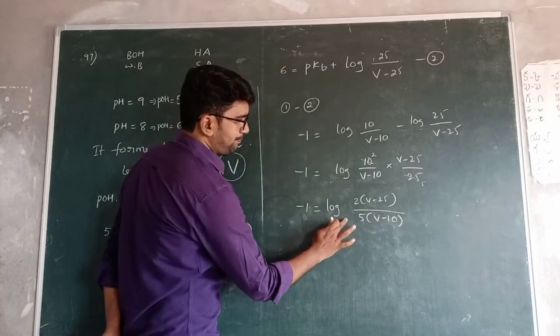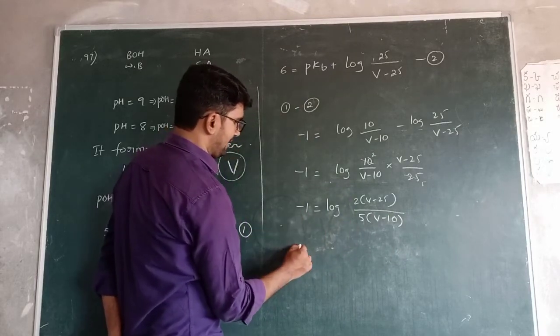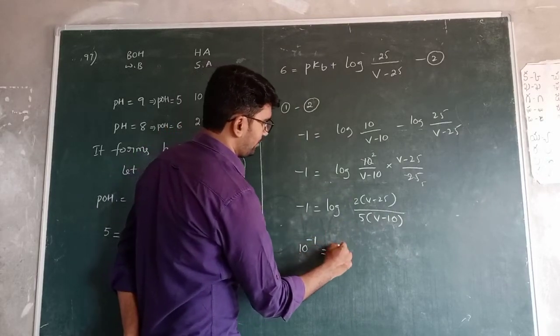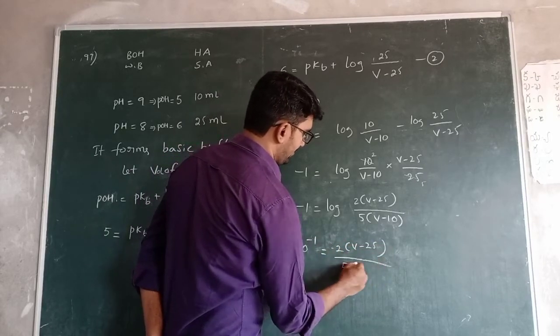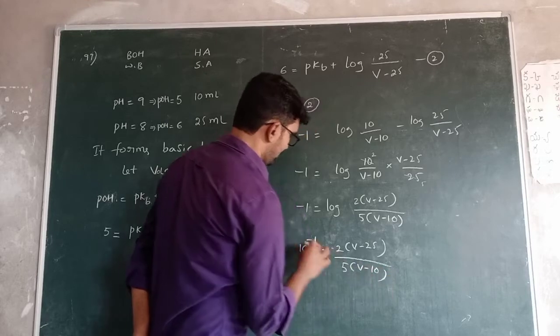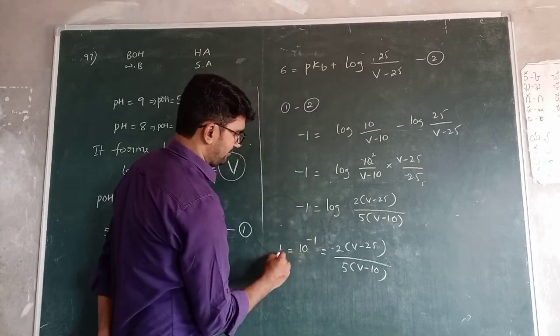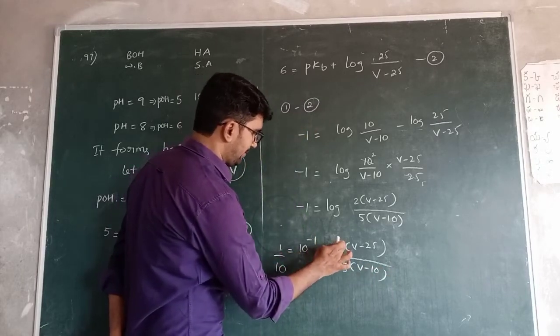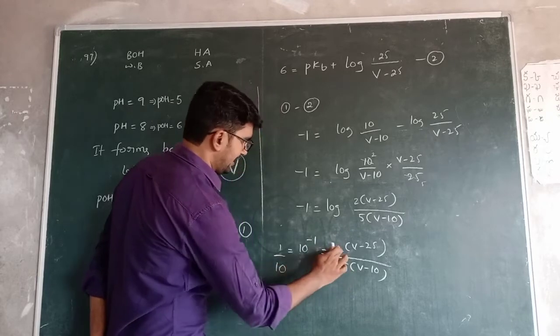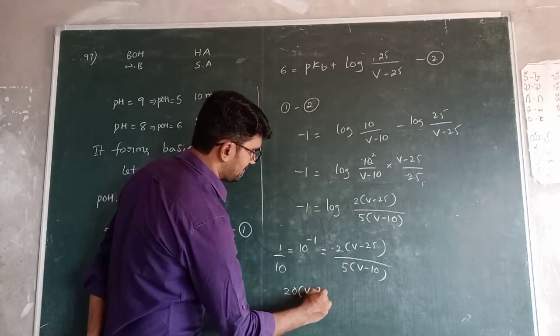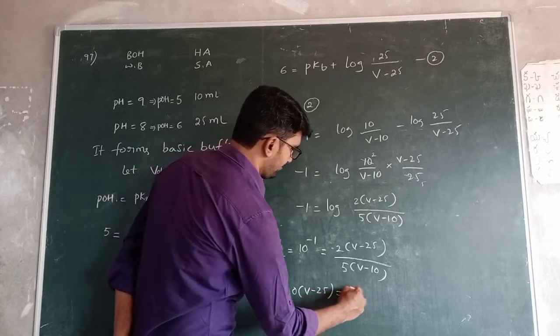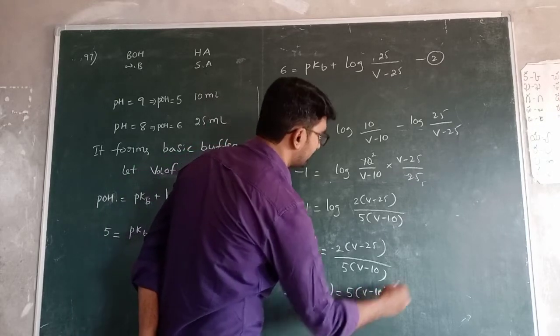But we know that here base 10 is present. 10 power minus 1 is equal to 2 into V minus 25 by 5 into V minus 10. 10 power minus 1 means 1 by 10, so multiply 10 across. 10 into 2 is 20. 20 into V minus 25 is equal to 5 into V minus 10.